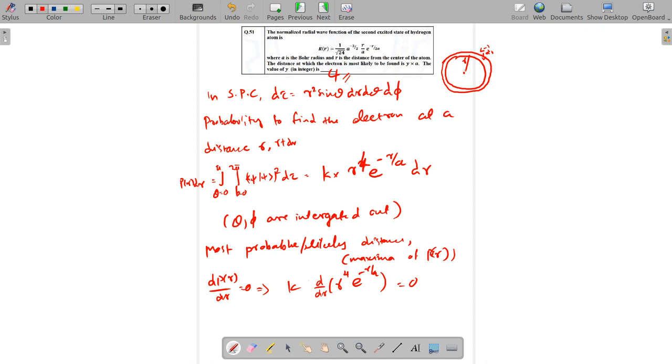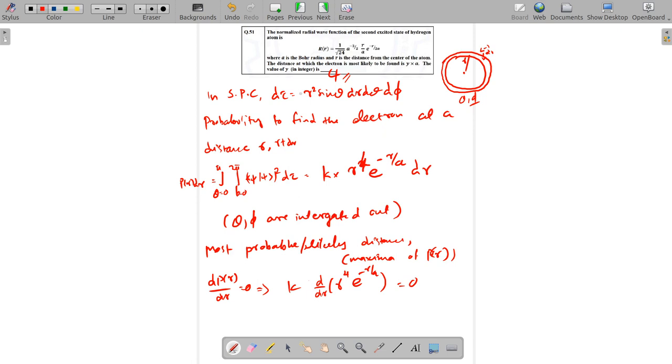Okay, what we have to do is we have to integrate out the theta and phi component. Theta and phi has to be integrated out. So from the probability density, so I mean total probability, the probability density in a volume element is basically mod of psi square, and you integrate out theta and phi.